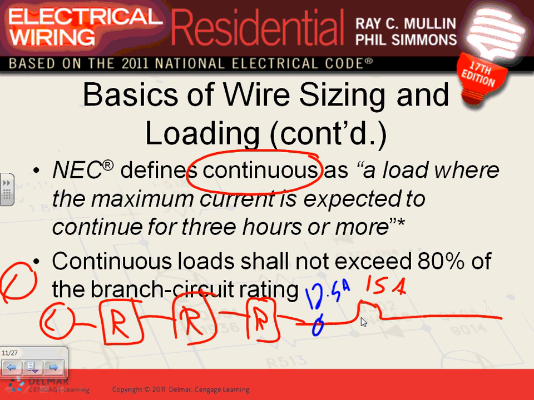If the whole circuit is sucking 12 and a half amps out of that circuit breaker, then it's continuous load. Now here's what happens. Your plasma TV is sitting right in here, fed from this receptacle, and it's taking 1 amp. And it's there for how many hours?